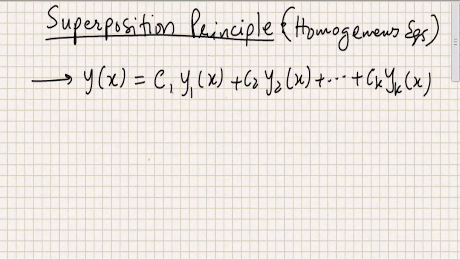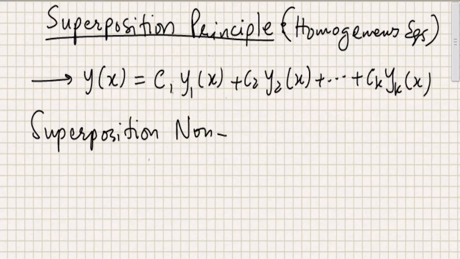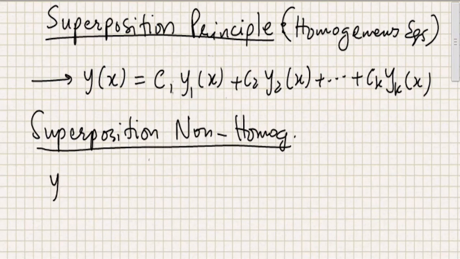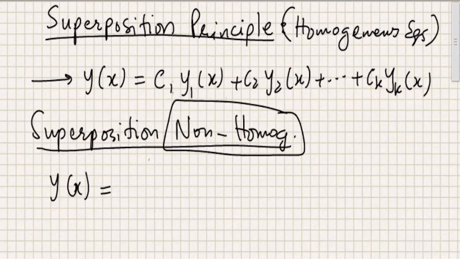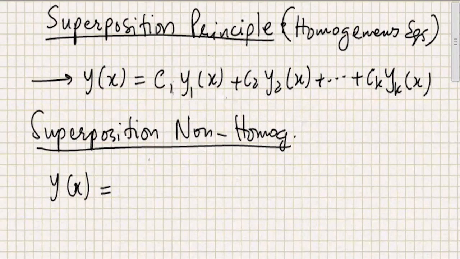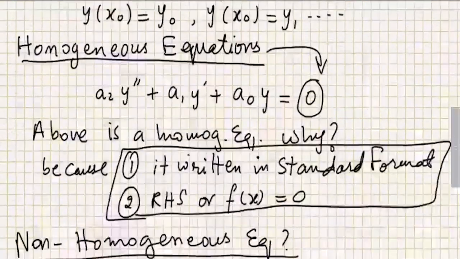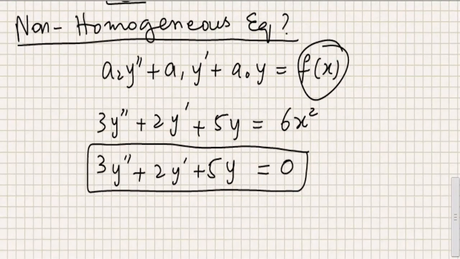For non-homogeneous equations, it says that it will have the same number of solutions as the homogeneous version of this non-homogeneous equation, but it will also have one more solution which will be based on the right hand side of the non-homogeneous equation, which is this f of x, and that solution will be called the particular solution yp, right?